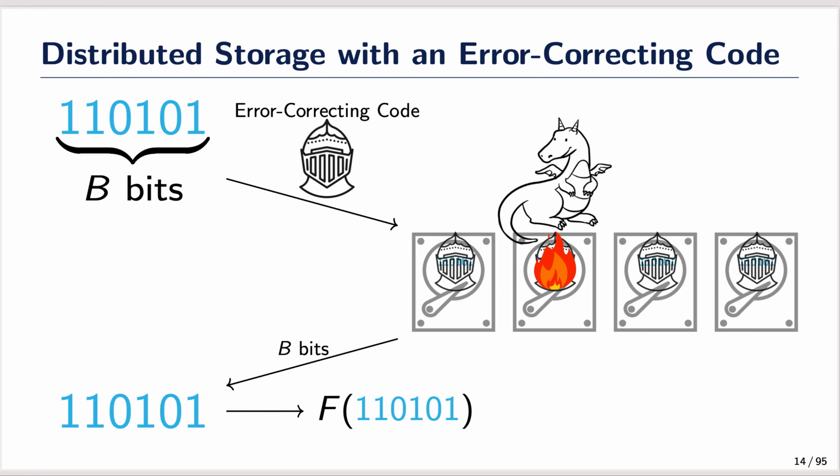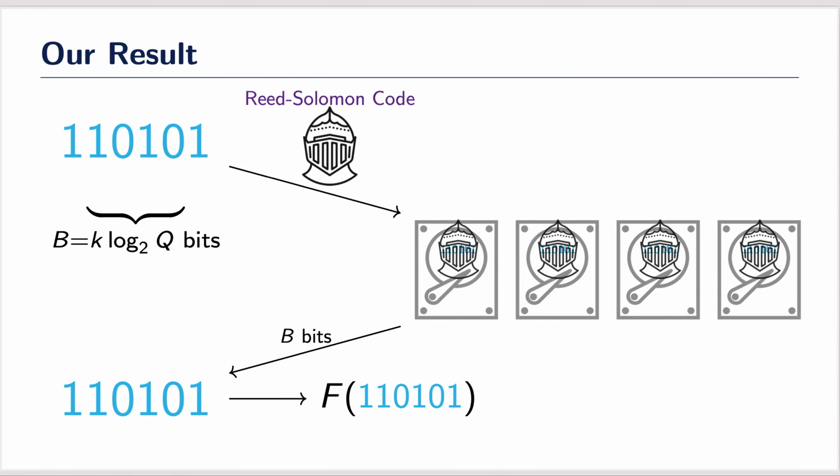So we looked at this problem when you're using a Reed-Solomon code. We said you're going to view your message bits as comprising k symbols in some finite field of order Q. If there are Q symbols in the field, then each symbol can be encoded as log 2 of Q bits.